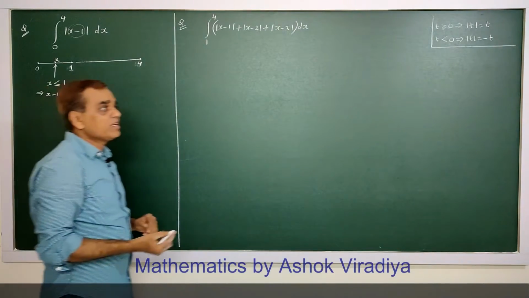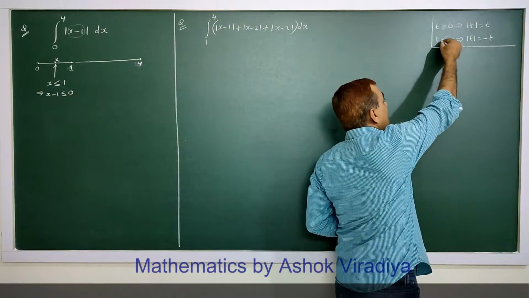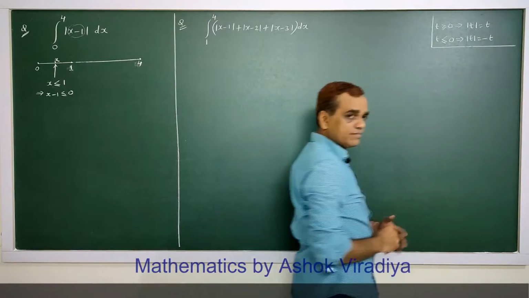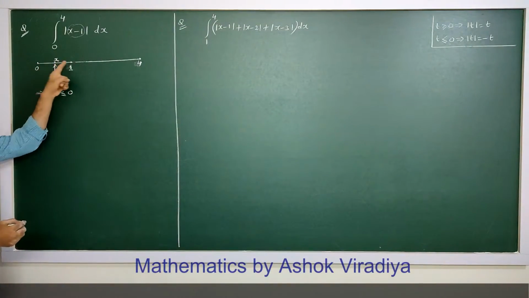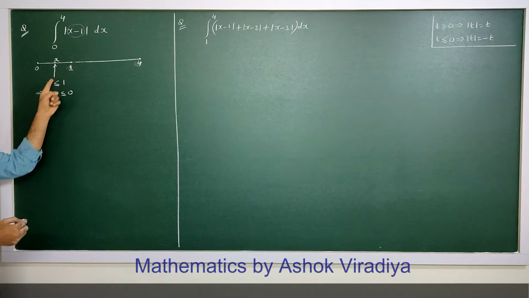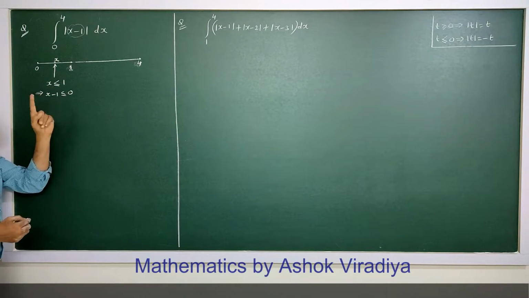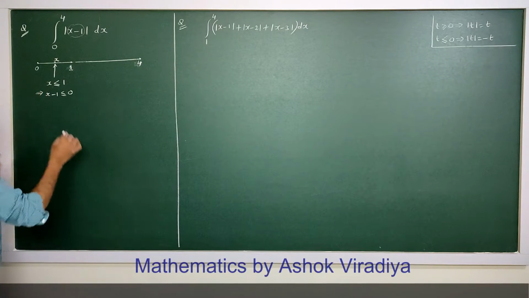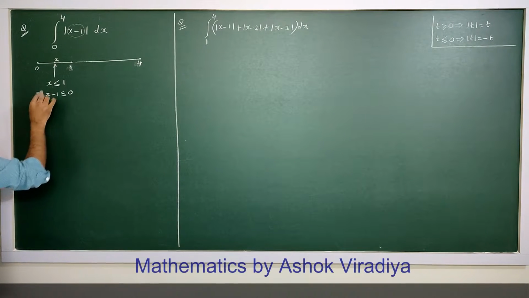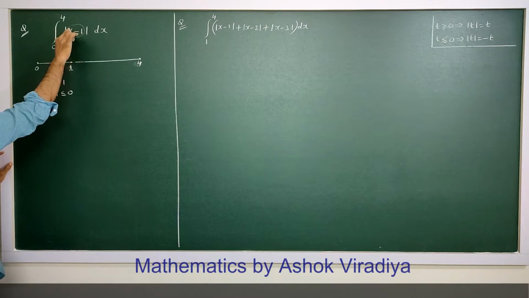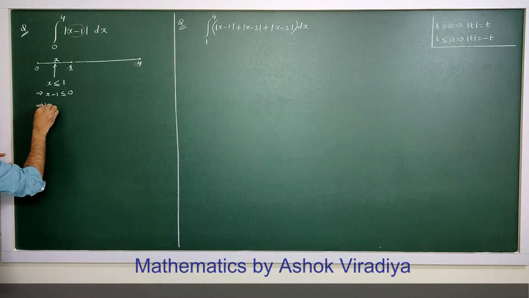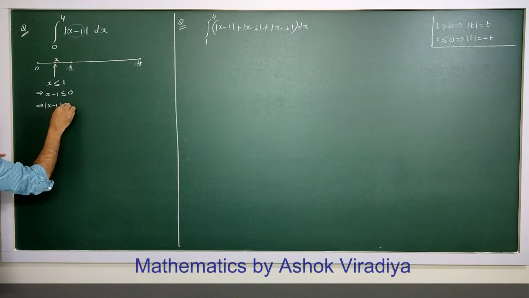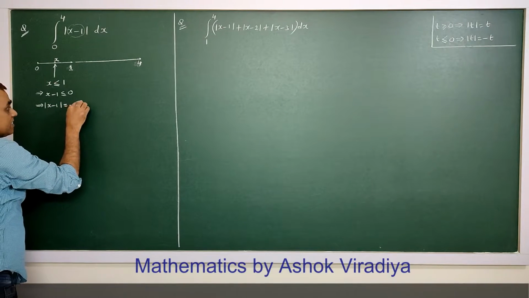You can include the sign of equality for both statements. So when x is in 0 to 1, x minus 1 is less than or equal to 0. So t is less than or equal to 0, so modulus t equals minus t.